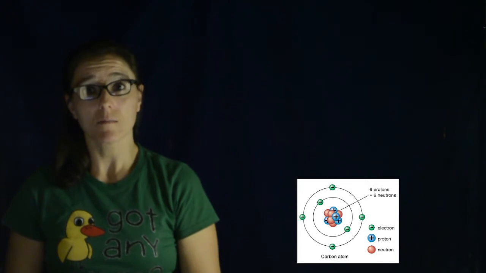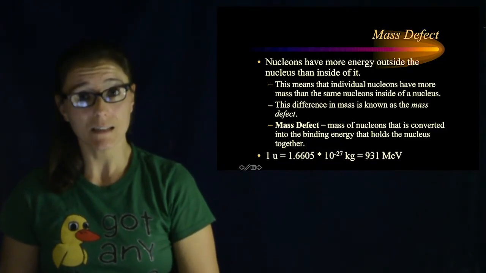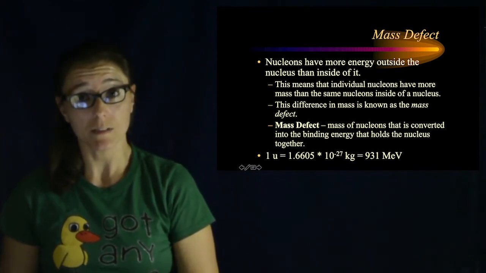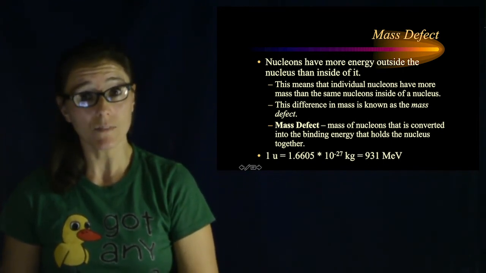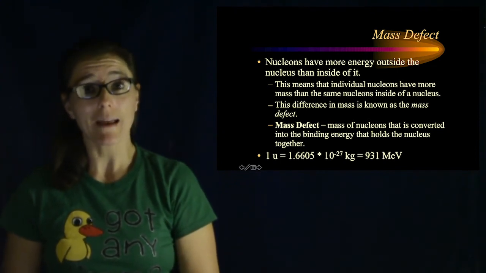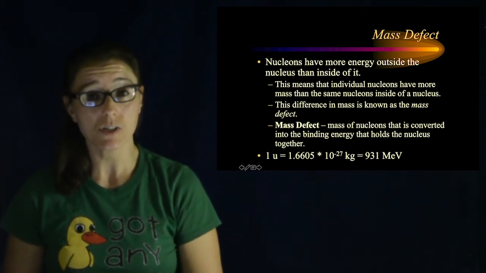Where does this difference in mass go? This difference in mass is called the mass defect. One of the things that Einstein's famous equation, E equals mc squared, gives us is that that mass defect is actually mass that is completely converted into binding energy, the energy that binds the nucleus together.